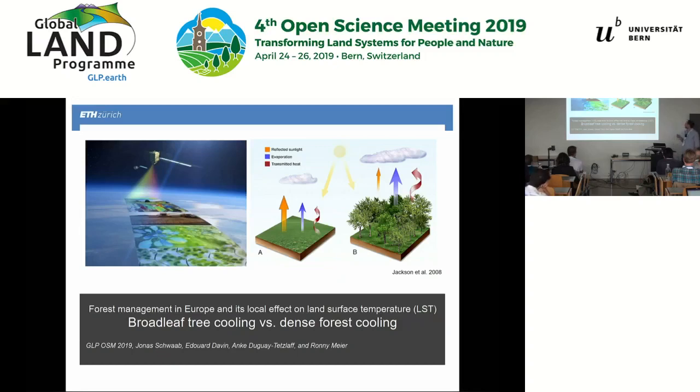In this case, what I'm going to present now, we looked at how different forest management in Europe could potentially lead to a local cooling of climate, so that we can better understand if there is a trade-off when we have forest management that should increase carbon sequestration, or if there are potential synergies.